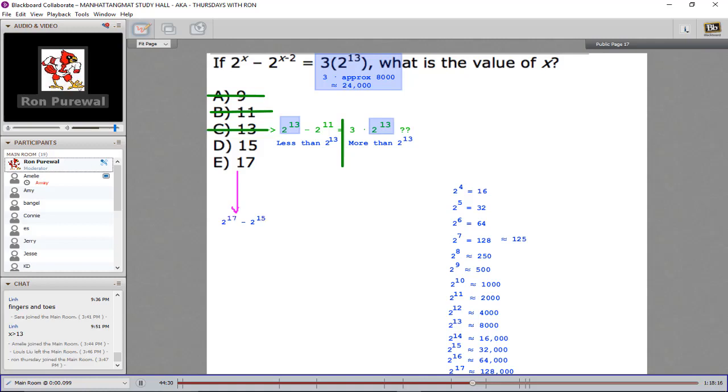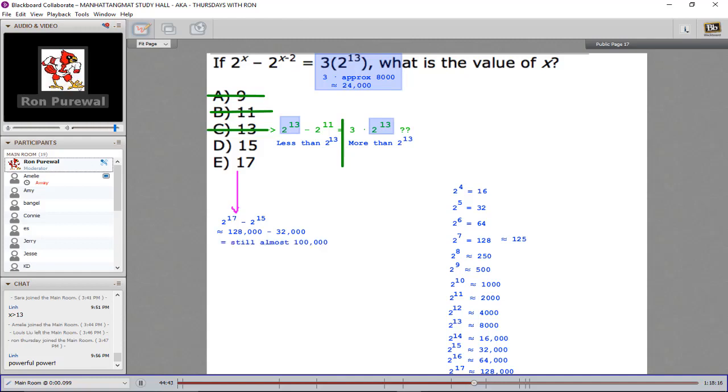So that's approximately 128,000 minus 32,000. This is still almost 100,000. This is about 4 times too big.